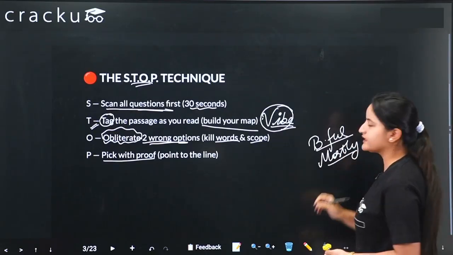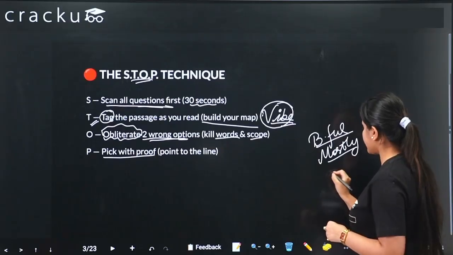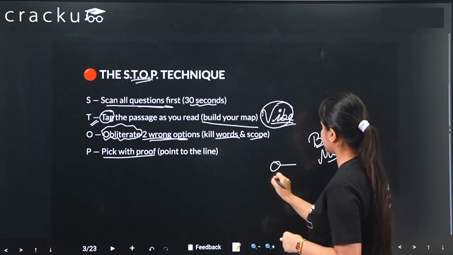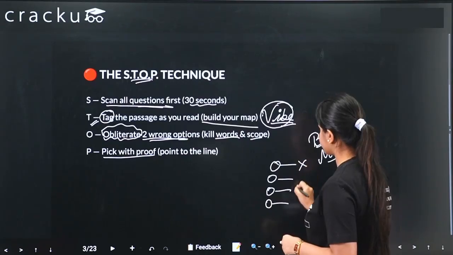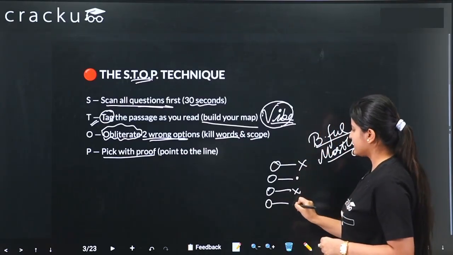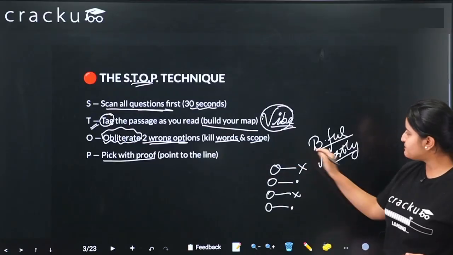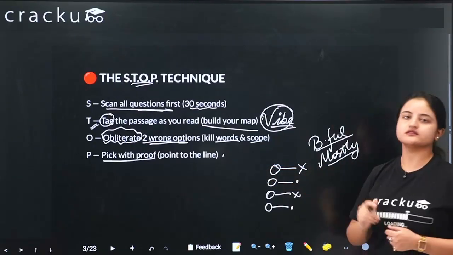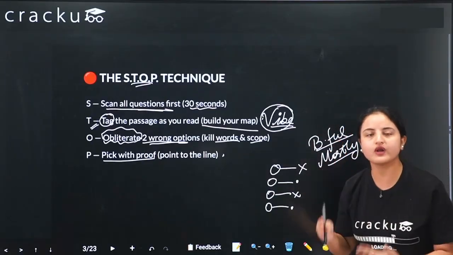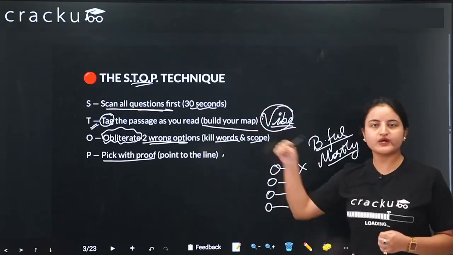Suppose there are 4 options, and you could obliterate or remove 2 options, and you're left with the remaining 2, and you have to pick the right answer. Now this P thing helps, which is pick with proof. The right answer would always have a proof in the passage, whatever it is.